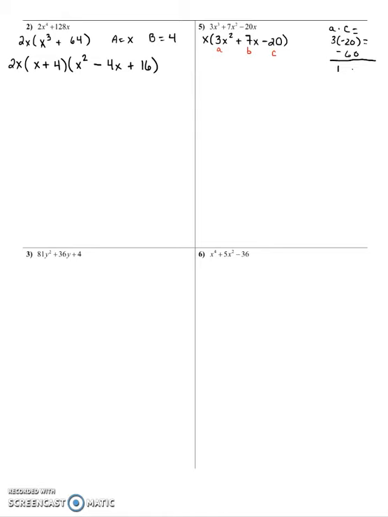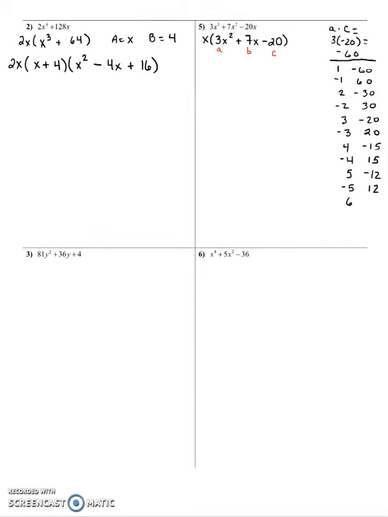So we have 1 and negative 60, negative 1 and positive 60, 2 and negative 30, negative 2 and positive 30, 3 and negative 20, negative 3 and positive 20, 4 and negative 15, negative 4 and positive 15, 5 and negative 12, negative 5, positive 12.